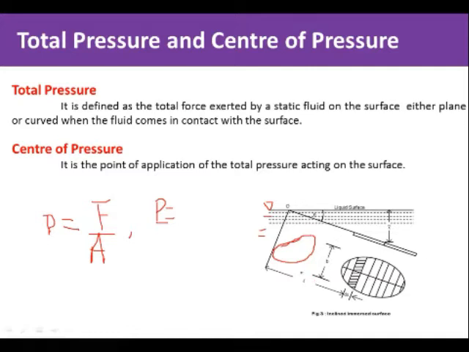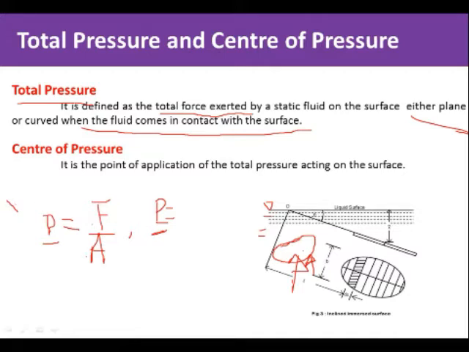Whatever the total force acting on the surface of any body, either a plane surface or curved surface, when it is in contact with the fluid, that means when it is immersed in water, this water is going to apply some force. Whatever the force applied, that is called total pressure. It is denoted by capital P.